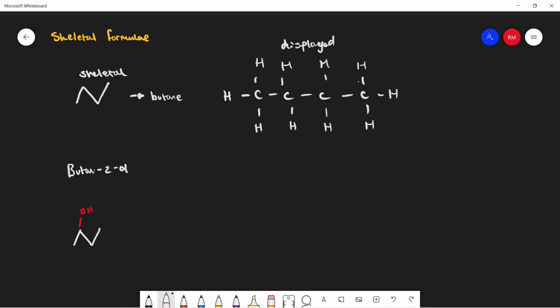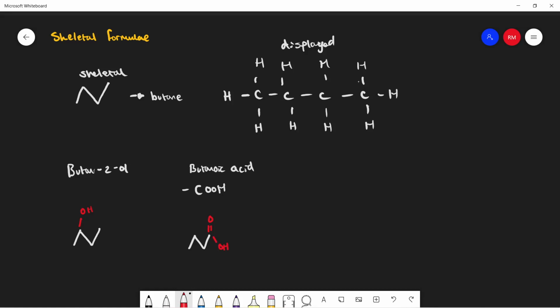So say for example we look at butanoic acid, where we have our COOH group. Let's see how we can draw that with the skeletal formula. We have our 4 carbon skeleton here, and on the end here we're going to do our double bond to the O. This is our C, this is our O, this is our OH.